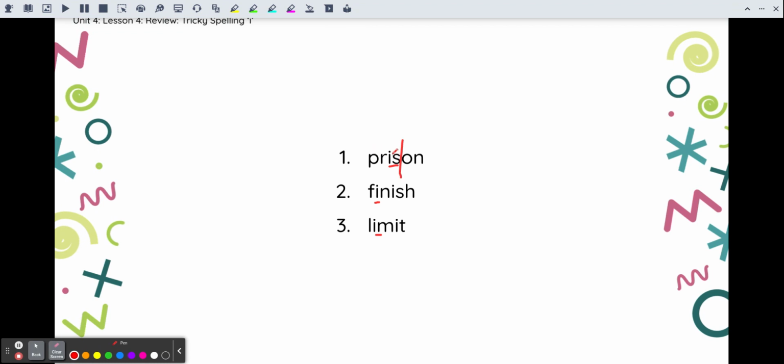So it's pris-on, prison. And this one would be fin-ish, finish. And this one would be lim-it, limit. So a prison, finish, limit.